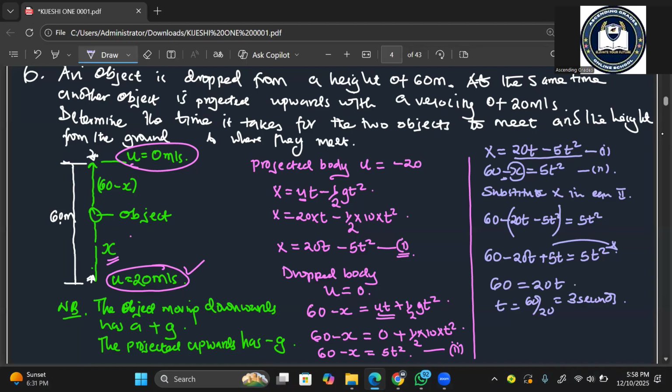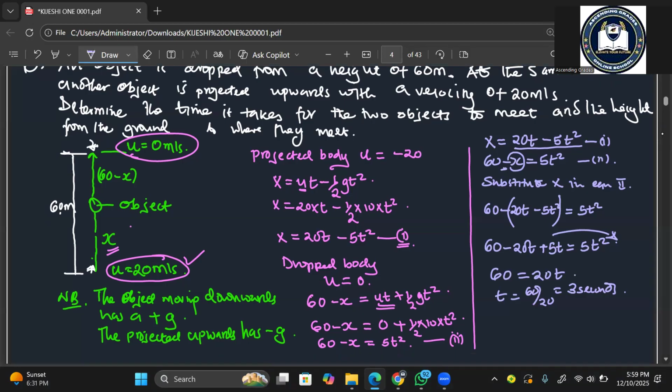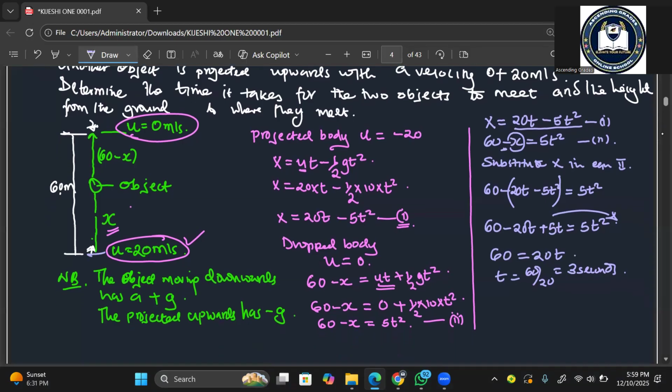Now, since we have got the 3 seconds, we can use the second equation to get the value of x, because what is asked is the height from the ground. So we have got that t is equal to 3 seconds.